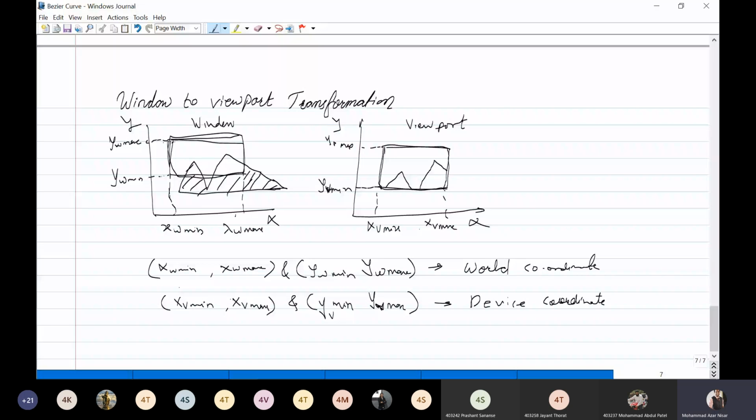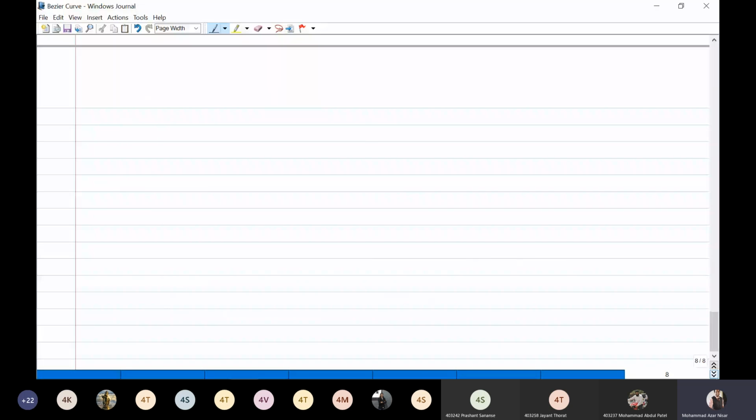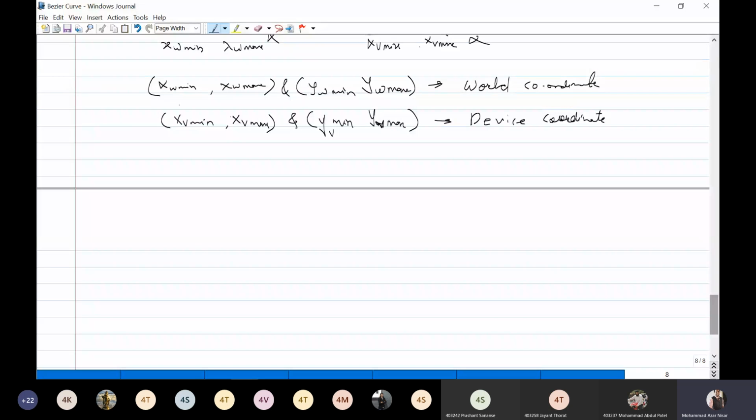Okay. Now, to calculate the points which are inside and outside the window, we can write the equation. Suppose we have to calculate points given xv and yv.